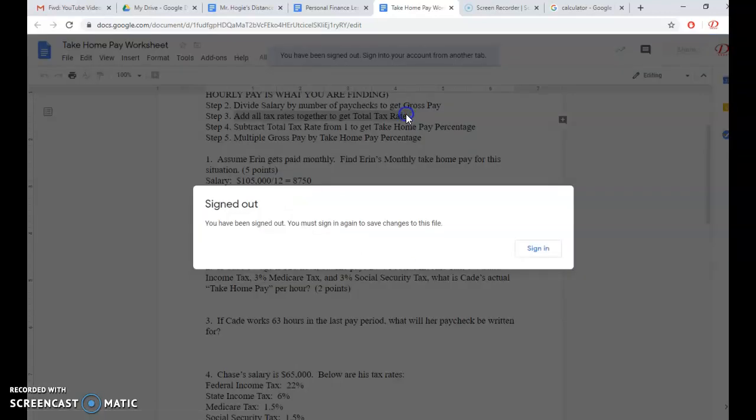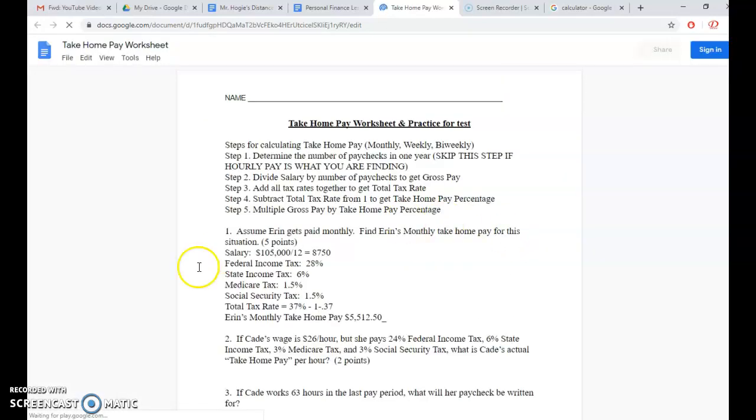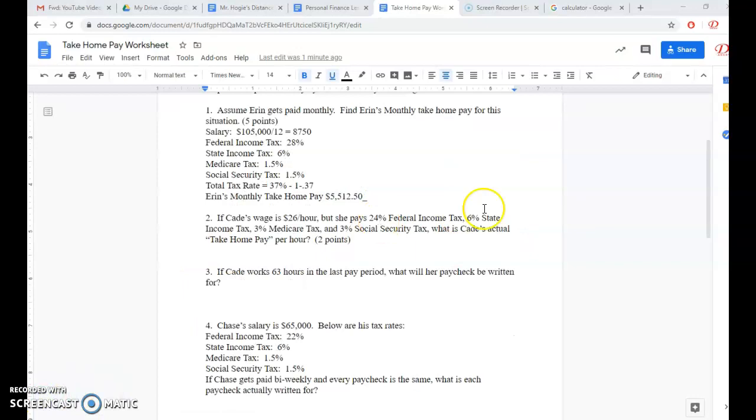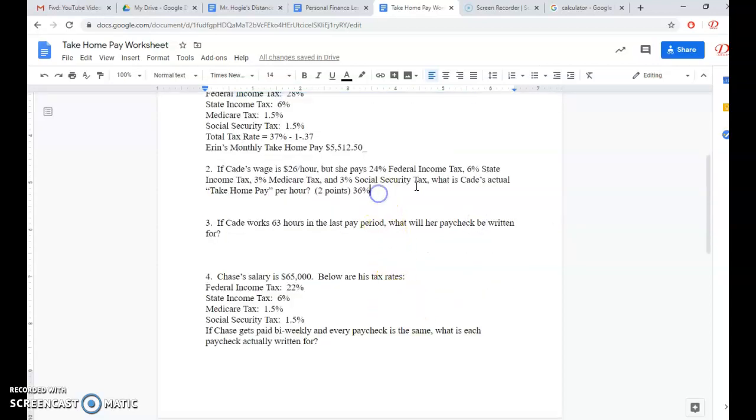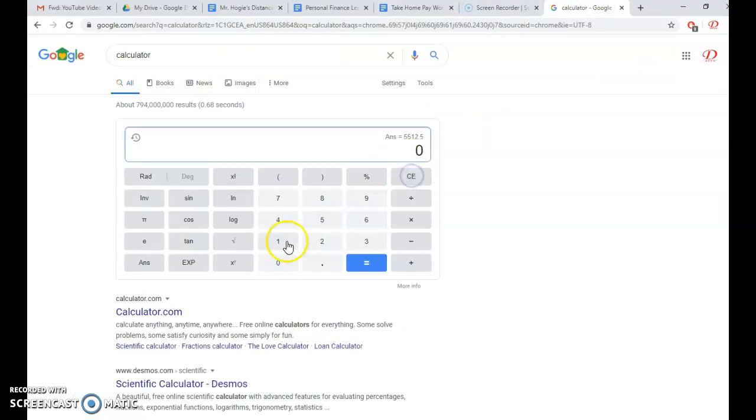Add all the taxes together, all right? So we've got 24%, 6%, 3%, and 3%. It's 30, 33, 36, right? So 36% tax rate. And so that's step 1 for us, right? Step 2 then for us now is subtract the total tax rate from 1. So we take 1 minus 0.36 because we need to change that into a number, right? So we take 1 minus 0.36 and we get 0.64.